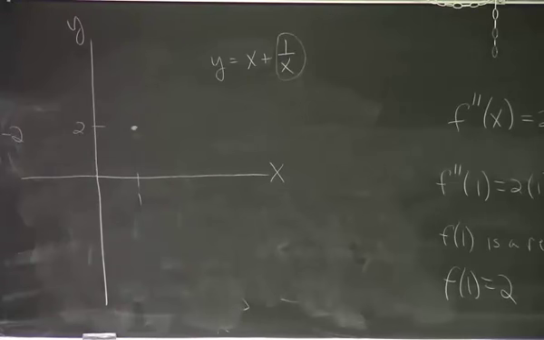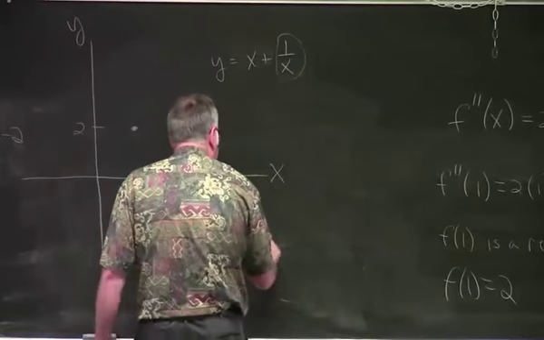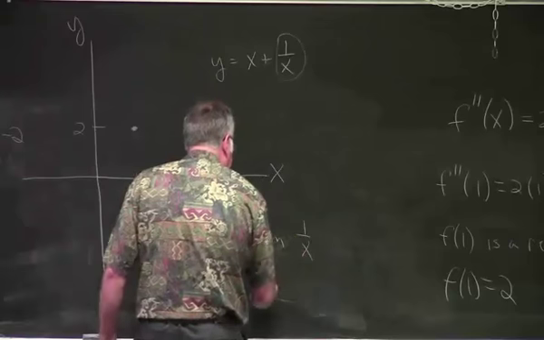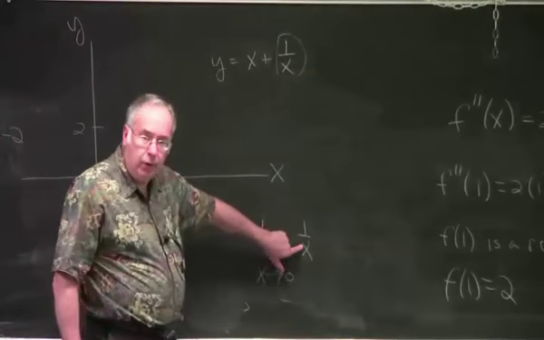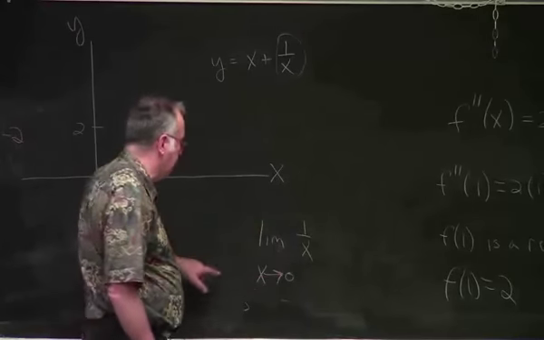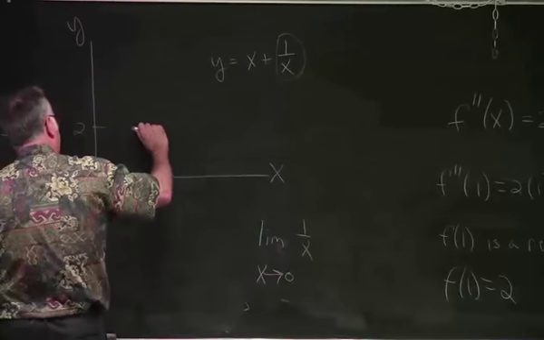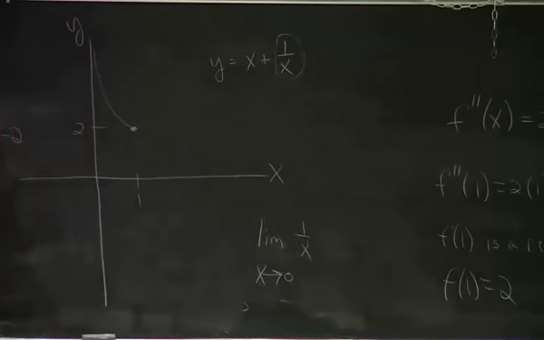For example, if x is 1 over 1,000,000, what is 1 over x? You need to learn this: what is the limit of 1 over x as x goes to 0? Infinity. If x is 1 over 1,000,000, then 1 over x is 1,000,000. As x gets closer and closer to 0, this thing is blowing up, asymptotically approaching the vertical axis.